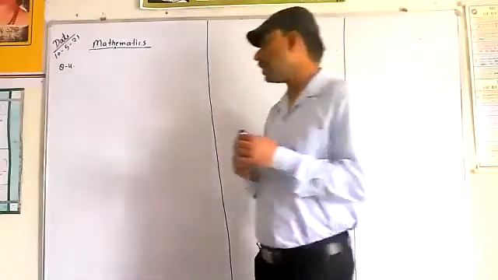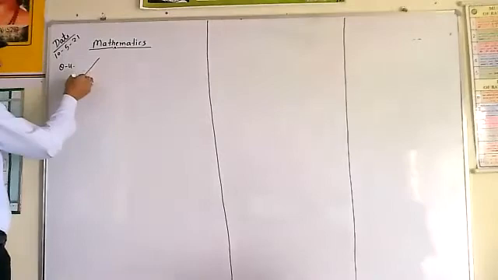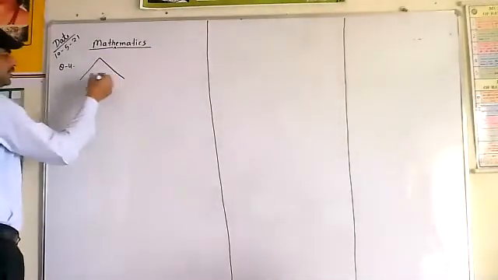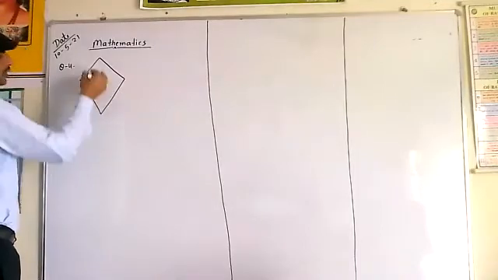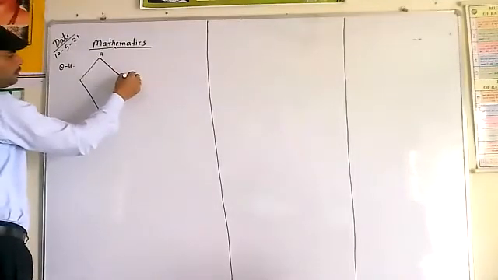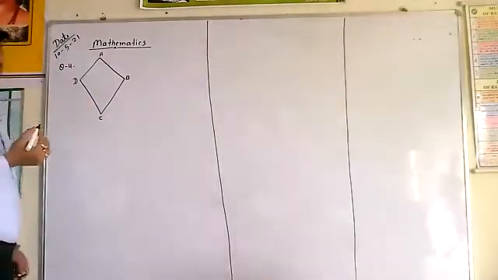So now students, this is a quadrilateral like a kite. Draw a kite like this. The points are A, B, C, and D. This is a kite.